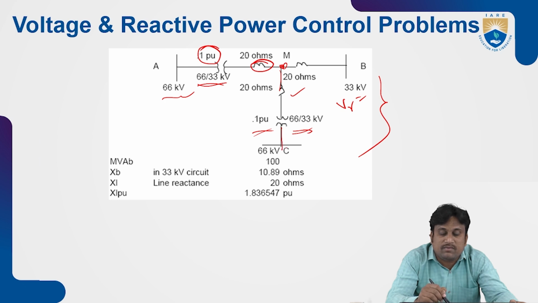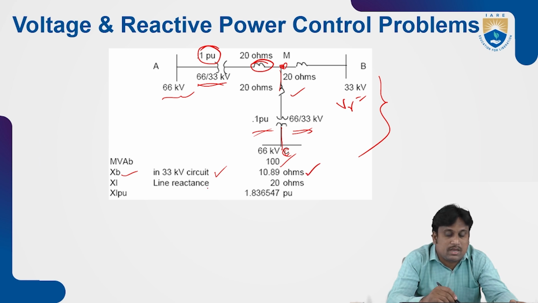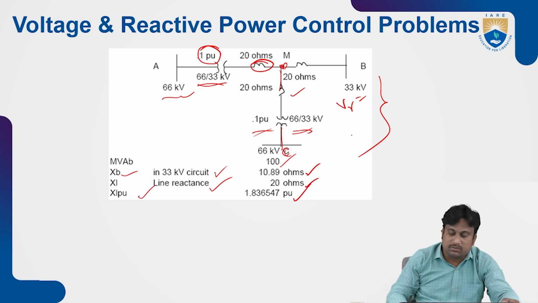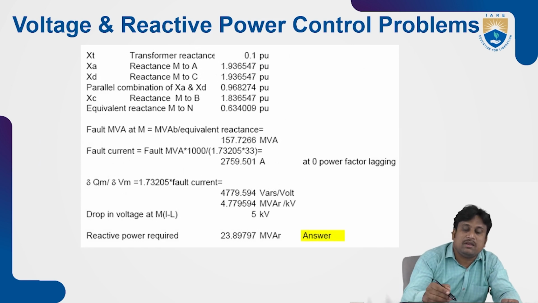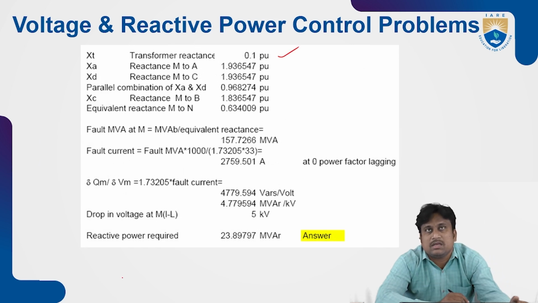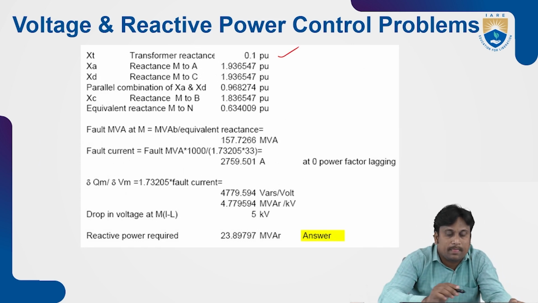When 66 kV is coordinated at C point, then MVA base becomes 100 and XB in the 33 kV circuit is 10.89 ohms. So the reactance in the line case is about 20 ohms and the per unit value becomes 1.83. With these coefficients, we can calculate the transformer reactance as 0.1 per unit.